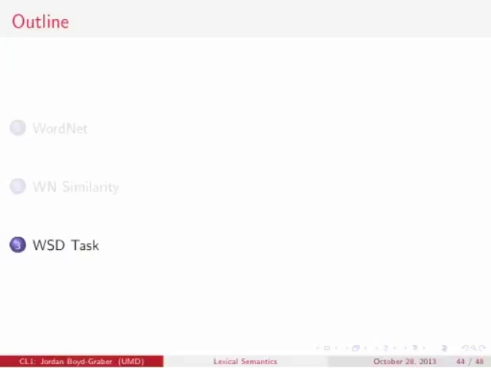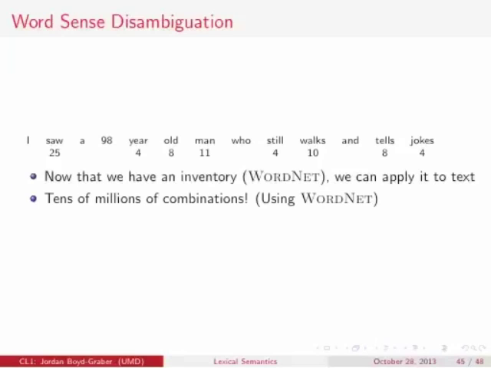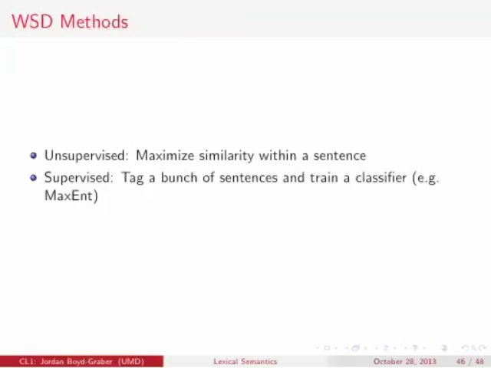So now that we have an inventory of senses, we can talk about the word sense disambiguation task in more detail. This is a hard problem. For example, if you take this sentence, "I saw a 98-year-old man who still walks and tells jokes," and you count up all of the possible senses for these words in WordNet, you get a very large number of combinations.